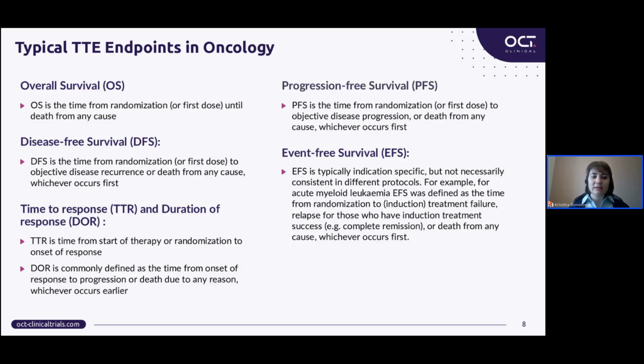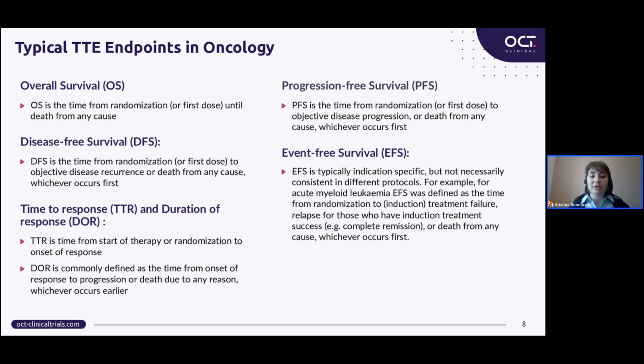Historically, the gold standard for efficacy assessment in oncology has been demonstrating that the new treatment prolongs survival. More recently, a delay in disease progression has become a common primary objective, even for phase 3 trials.